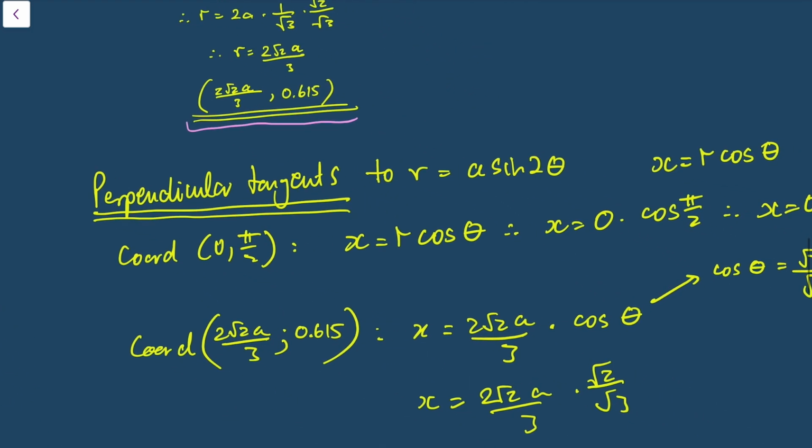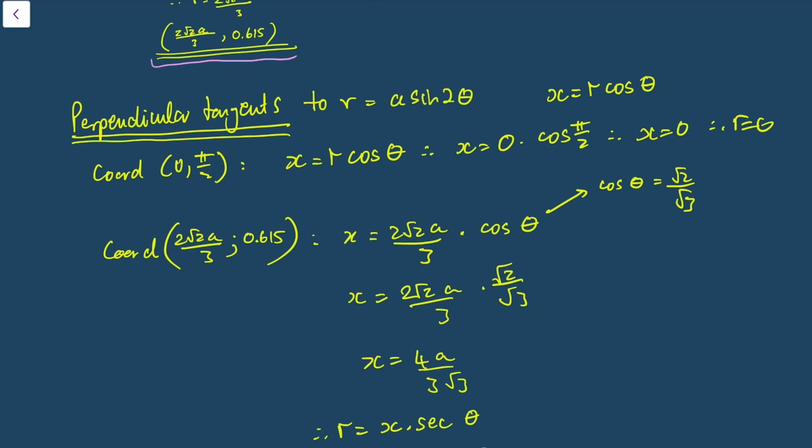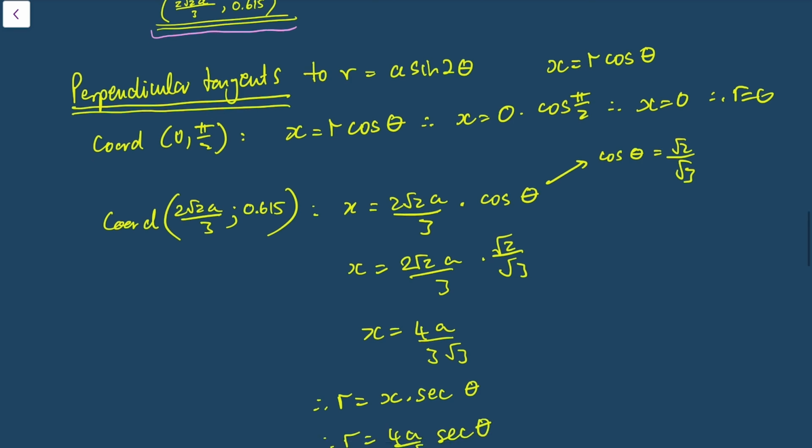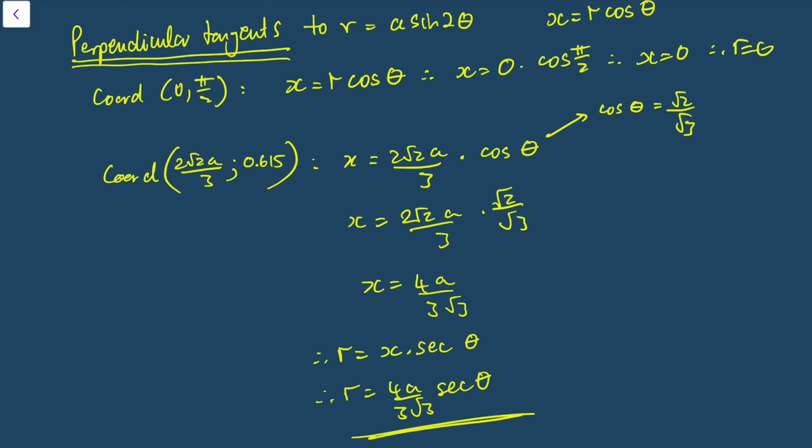I then need to find the perpendicular tangent, and I do this for both 0 and pi by 2. I get r equals 0, but for the second coordinate, when I sub it in, I end up getting x is equal to 4a over 3 root 3.